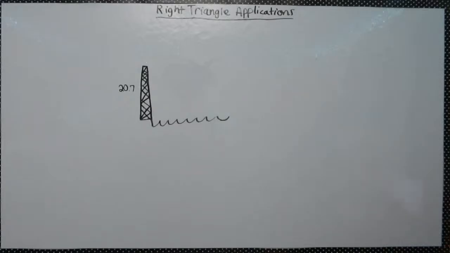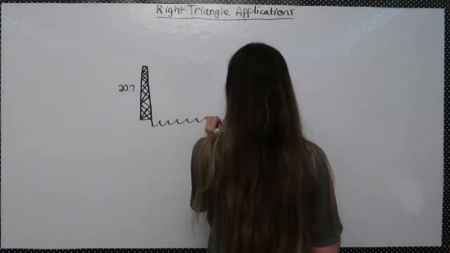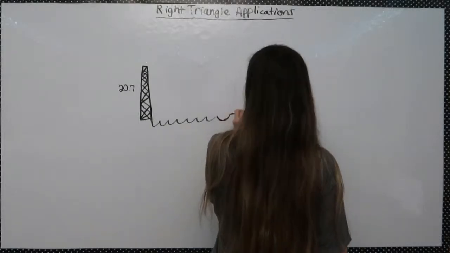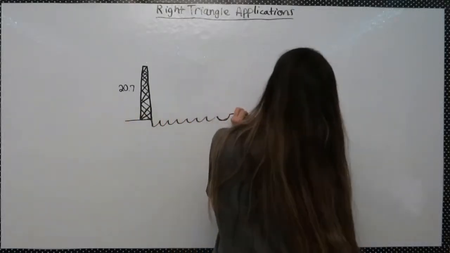And it says from a point directly opposite on the other bank above water level, there's an angle of elevation. So at some point on the opposite bank, we'll just say that this is the bank of the river.